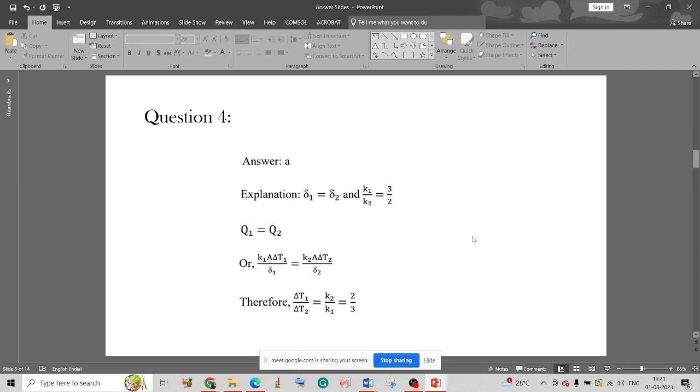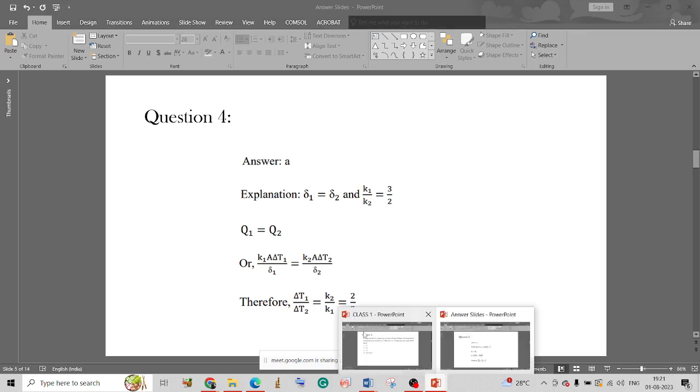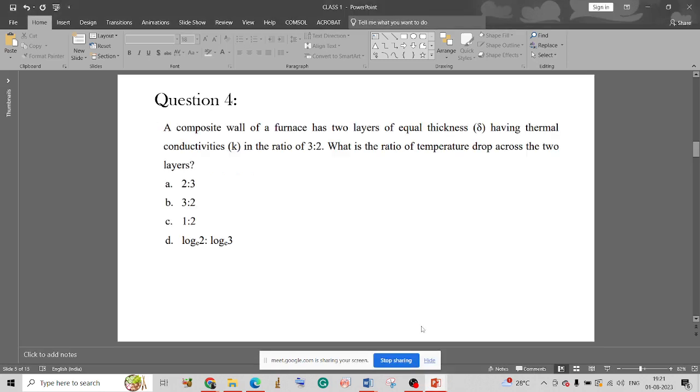Okay, so here the thickness is given as same. So the thickness here is indicated as delta, so delta 1 is equal to delta 2, and the K1 upon K2 ratio, that is the thermal conductivity ratio, is given as 3 upon 2. If there is a composite wall, if heat flows from one direction, then the same heat will move out, as there is no heat generation or heat added.